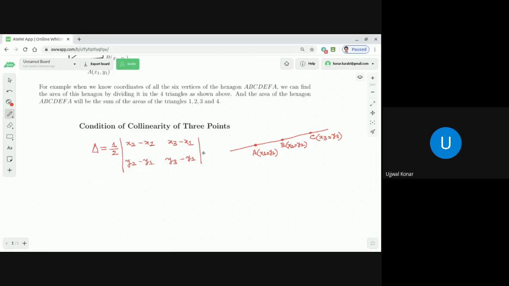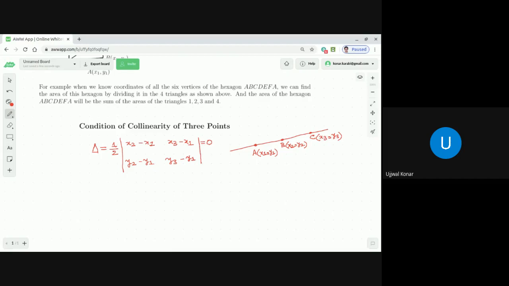Now, if they are in the same line, then we are not able to construct a triangle. That means the area of the triangle, analytically, we can find that value is 0. And that is proof that these 3 points are in the same line.